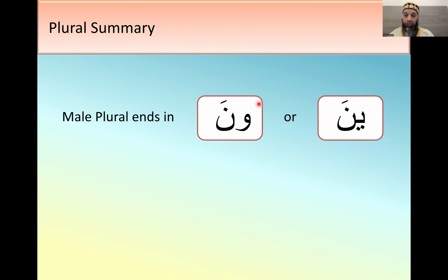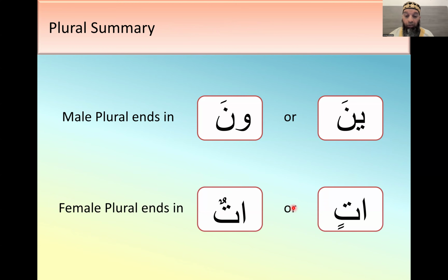Okay, so again, summary. Ina or una is the male plural ending. And atin or atun is the female plural ending. And yes, the person asked the question, I may just mention it here.